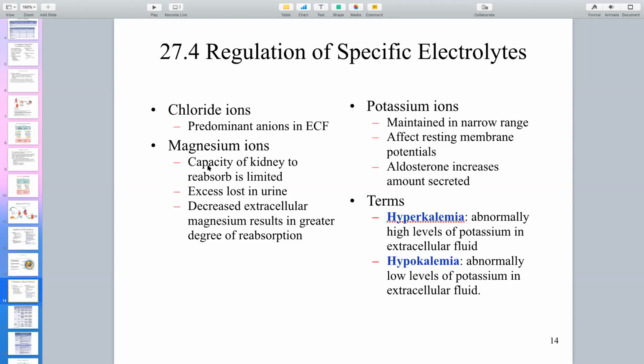Magnesium, right, capacity of kidneys to reabsorb is limited. Excess is lost in urine. With magnesium, we know it's important for the heart functions. Now it's getting a little bit more play, become more important in the last few years, right? Because we know how important magnesium is for the normal cardiac functions. Potassium, though, is the biggest one. So I'm going to highlight, actually just underline this one.